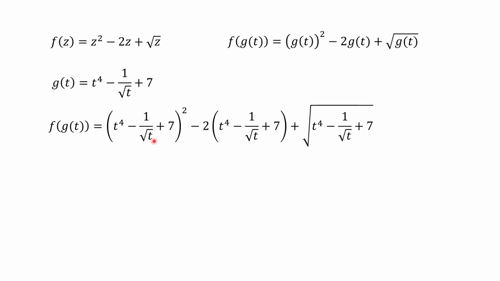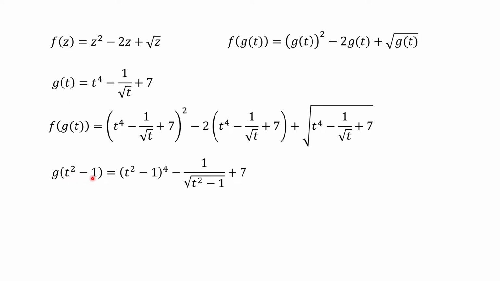Technically it could be simplified. We can open this parenthesis because of the square, and maybe make it a little bit easier, but probably not too much. But that's not the point. Now let's make life a little bit more difficult. What if I don't want to have g of t, but I want g of some other function? Let's say I have g of t squared minus 1.